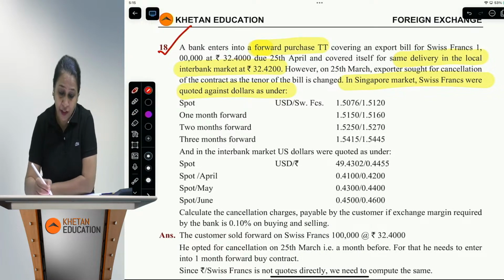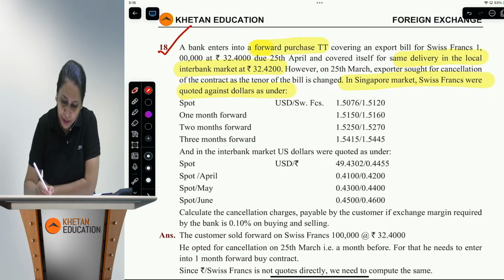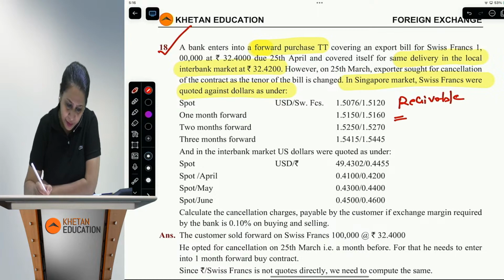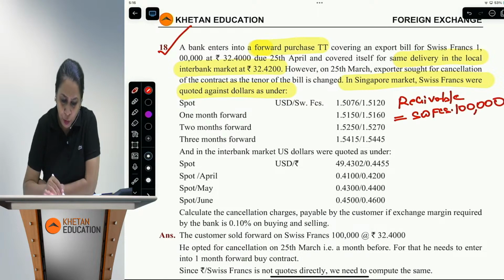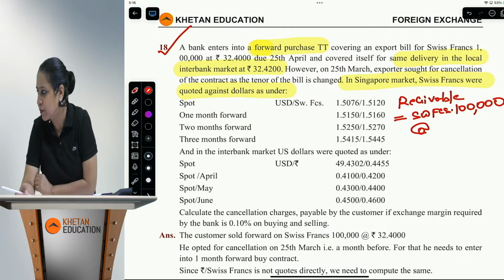So your receivable is of Swiss franc 1 lakh, correct? Due 25th April and covered itself at the rate of 32.42, that means the customer sold forward. We need to think from our point of view, correct?